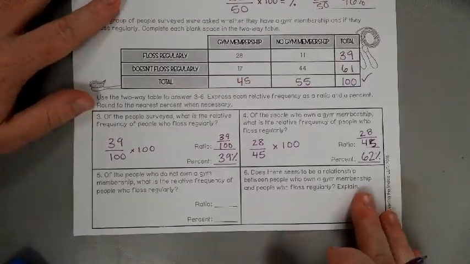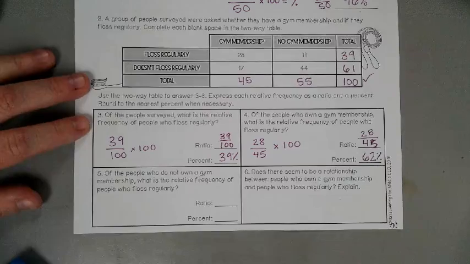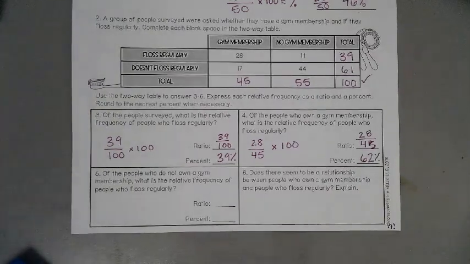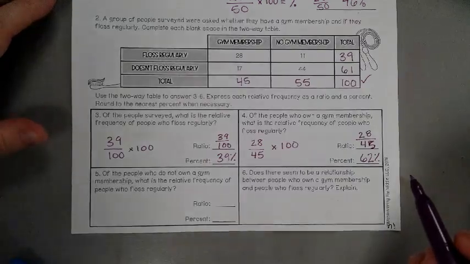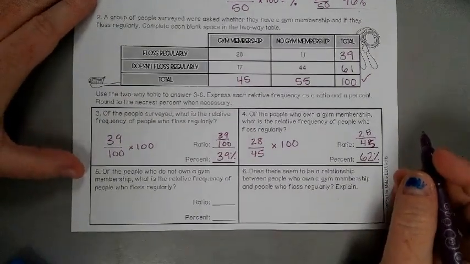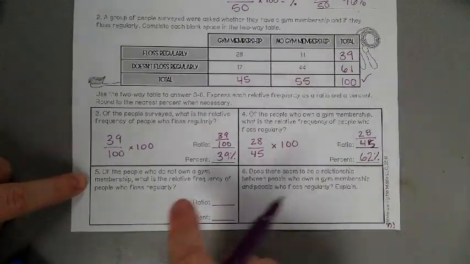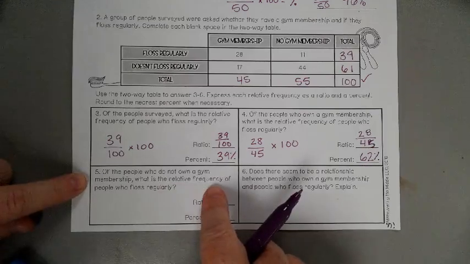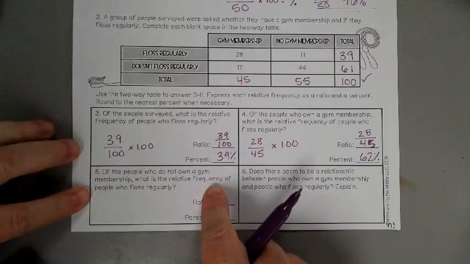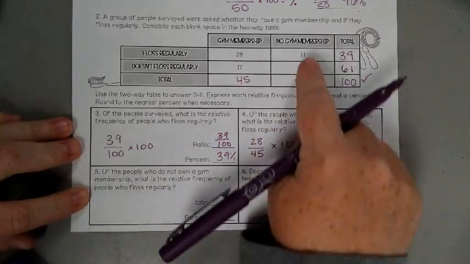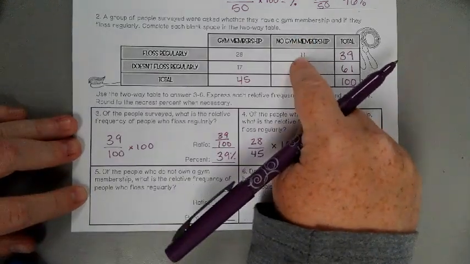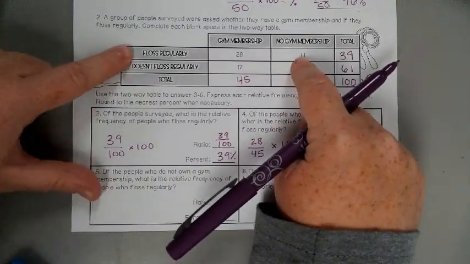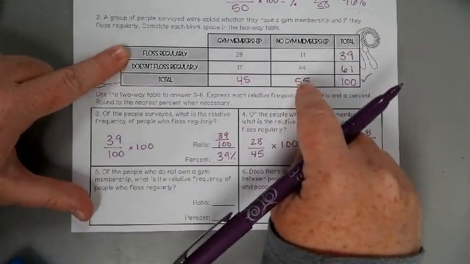Okay? Of the people who do not own a gym membership, what is the relative frequency of those who floss regularly? So 11 do not have a gym membership but floss regularly. So my total is 55.